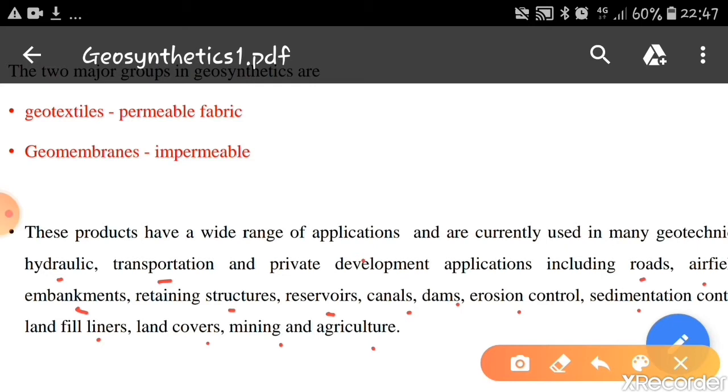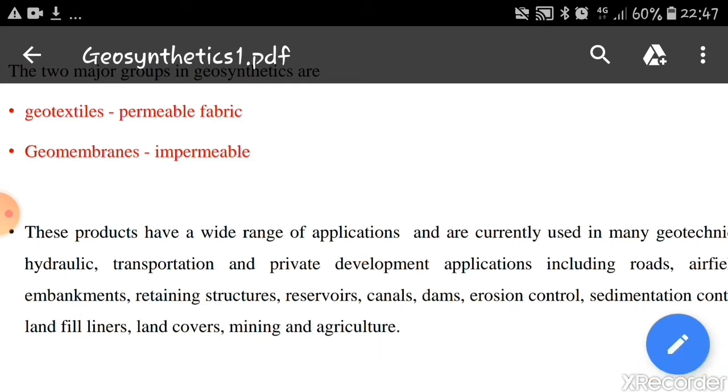We can use them in canals as an impermeable or lining material. We can use them for erosion control in dams and other structures. We can use them in landfill covers or landfill liners so that the wastewater or leachate will not go and join with the wells or underground water table. So these are the applications of geosynthetics.